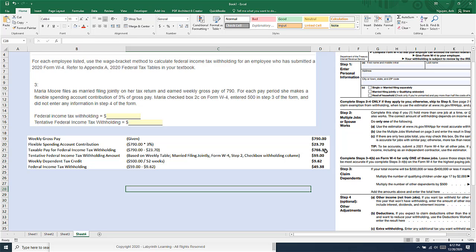All right. Now, the tentative federal income tax withholding amount, let's figure that out. That will be based on the weekly table in Appendix A, and based on marital status, married filing jointly, and we'll look at Form W-4, Step 2.